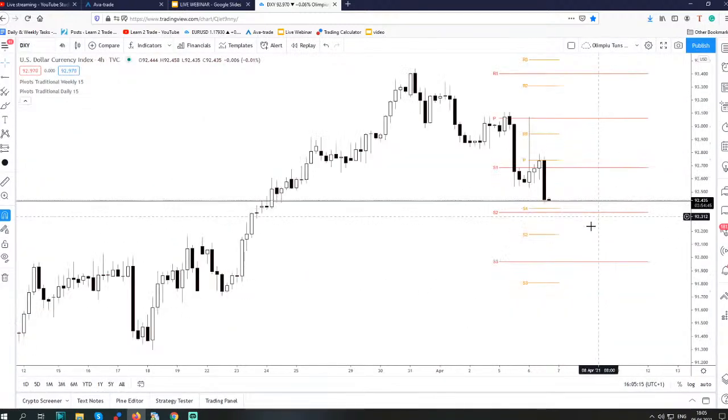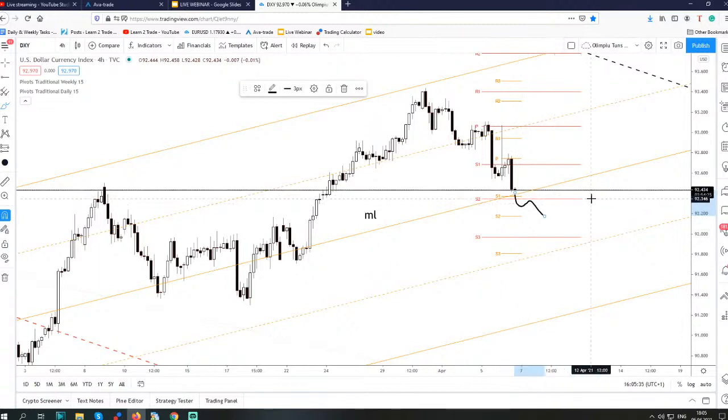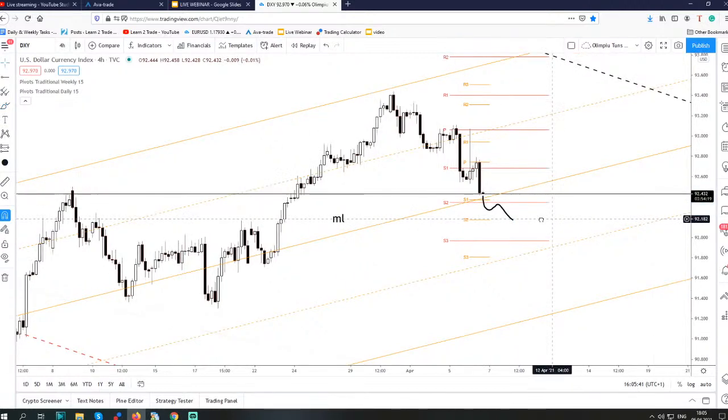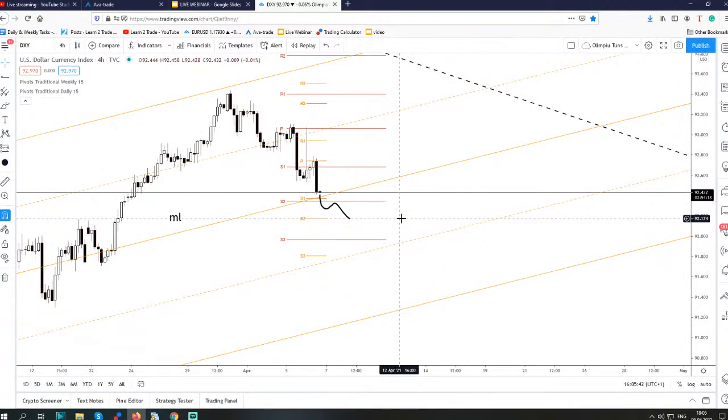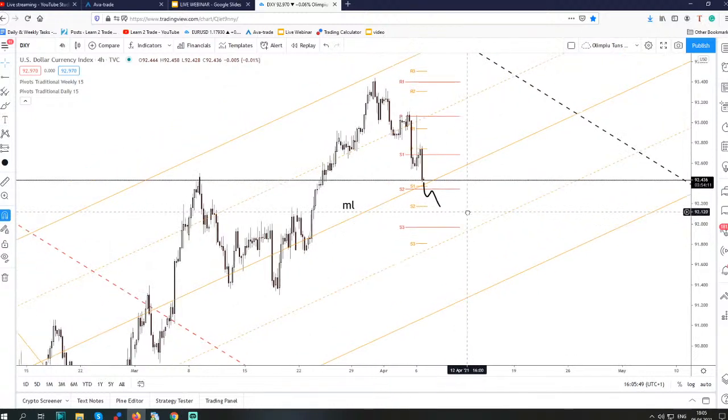And if the price drops below these levels, retests, and stabilizes right below the medium line, below S2 92.34, maybe with a retest of the 23.6, then it could continue to drop deeper in the short term.